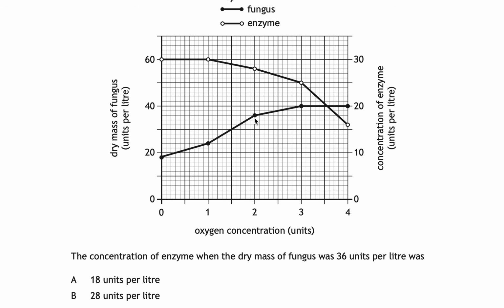Now, if we then move up and match the enzyme line, which has the white dots to it, and we're now going to be using the scale on the right-hand side, we find that that is going across to 28 units per litre. So a couple of skills here. You have to look at the key, you have to make sure you use the right side. Okay, when it's talking about fungus, use the left-hand side and the black line. When you're looking at the enzyme concentration, it's the right-hand side and the white dotted line as well. So answer B, 28 units per litre.